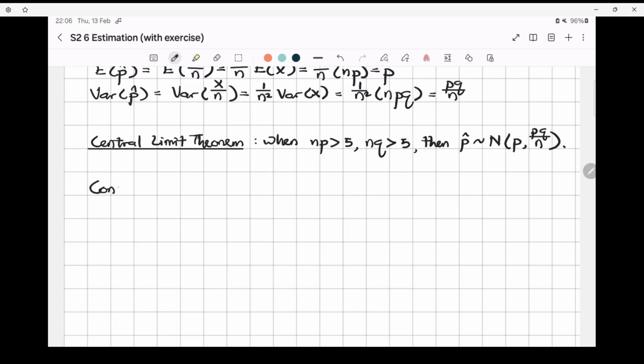So the confidence interval is given by p hat plus or minus c, where c depends on the percentage of your confidence interval, multiplied by the square root of pq divided by n. The square root of pq divided by n is the standard deviation for sample proportion.